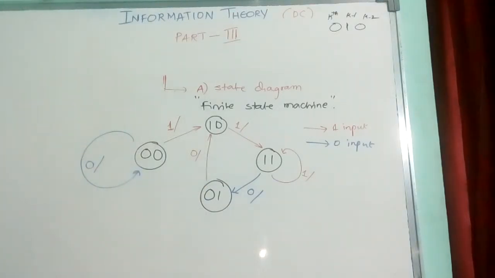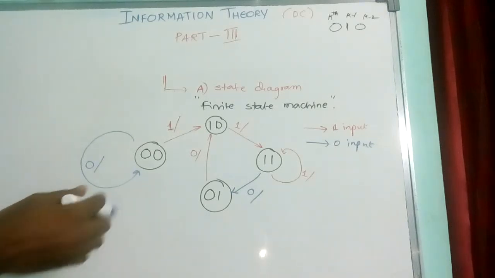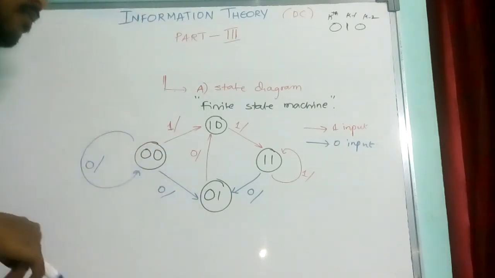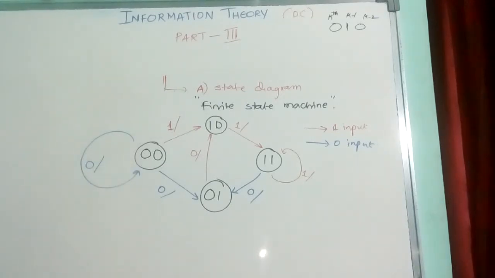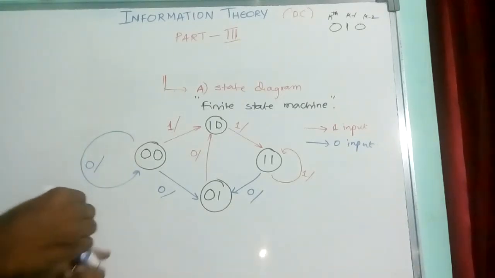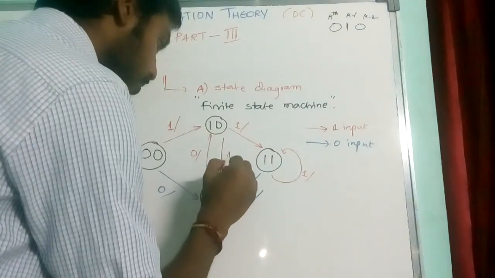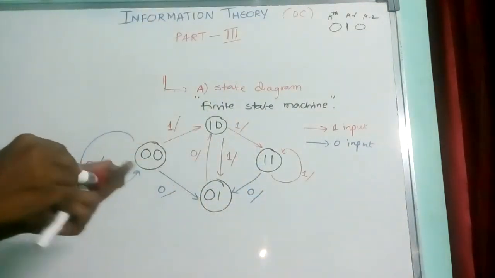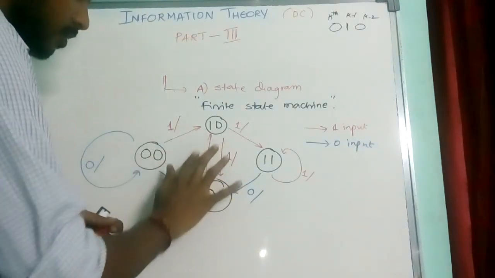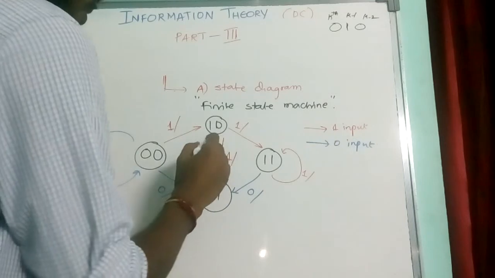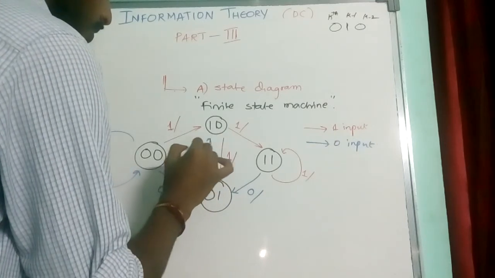Again, whenever I am at the 00 state and I get a 0 input, I stay there. So these are the paths. One more path is missing, a downward path, which is for input 1.